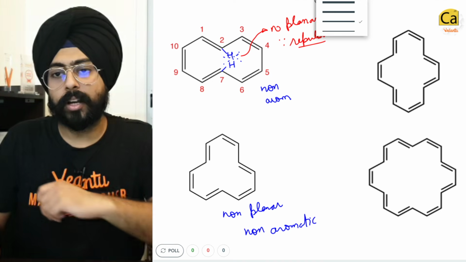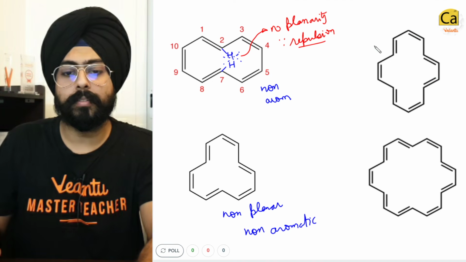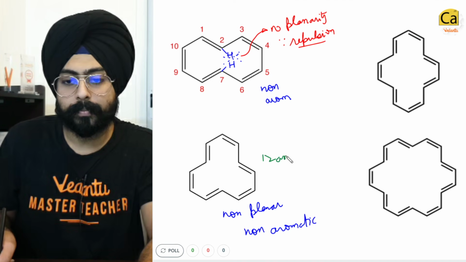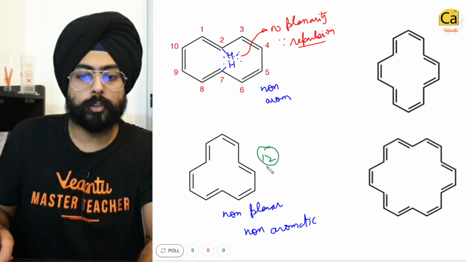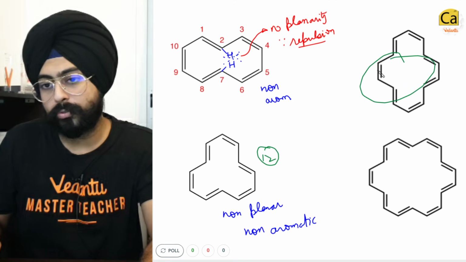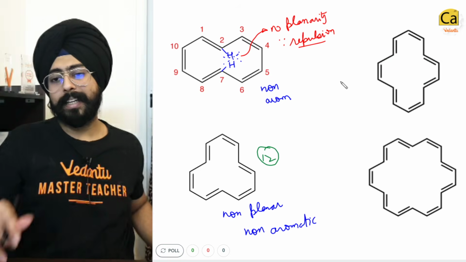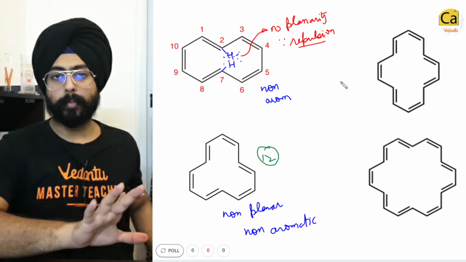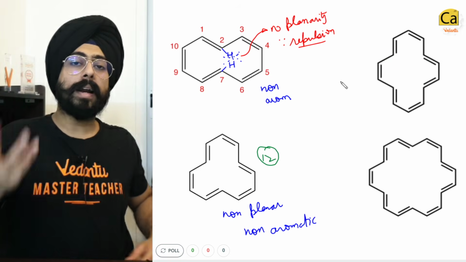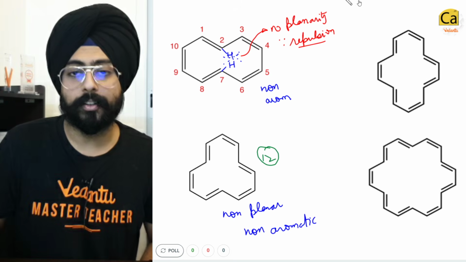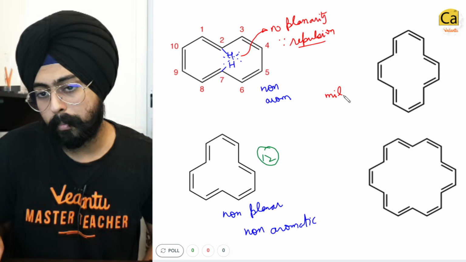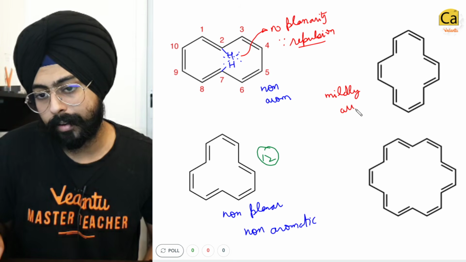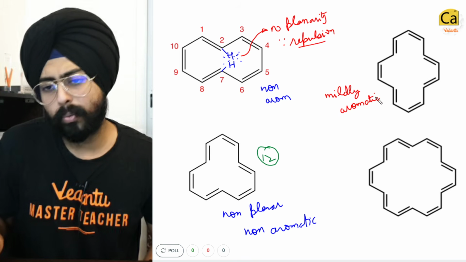Sorry, this is 12-annulene. 12 carbons, 12-annulene. Then let's come to 14-annulene. 14-annulene is very beautifully aromatic to look at. But my dear friends, in science it is known as mildly aromatic. Why is this so?